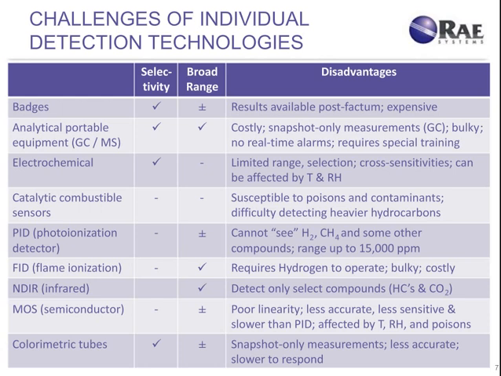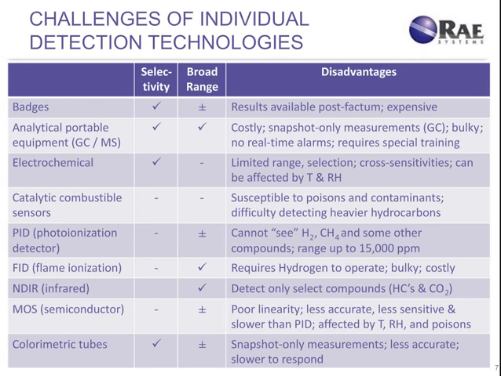Colorimetric tubes are one of the basic workhorse types of gas detection tools that have been used in the industry for a very long time. They are selective in terms of being able to measure a concentration of a particular compound. And they are fairly broad in range. They would not normally cover a very high concentration in the range of high percent volume.